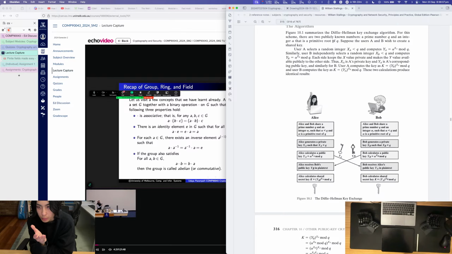Similarly, user B independently selects a random integer x b and computes y b. Each side keeps its x value private and makes its y value available to the other side.